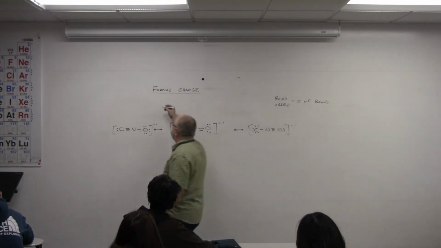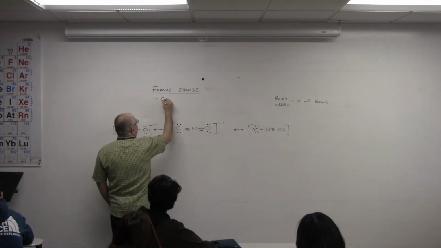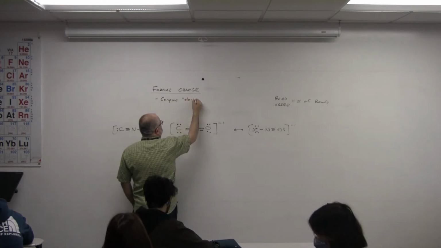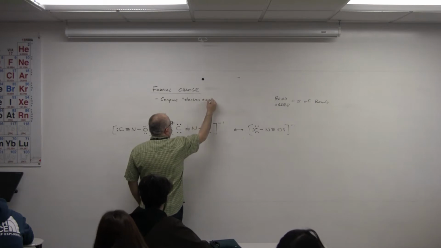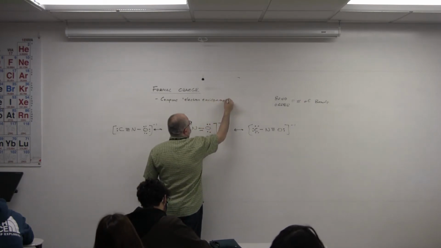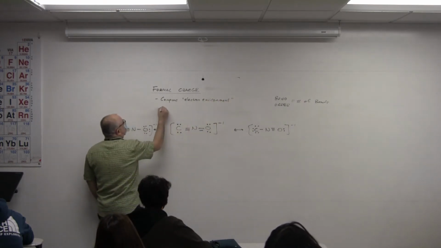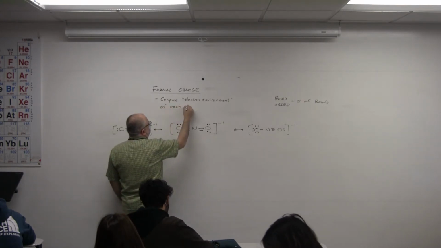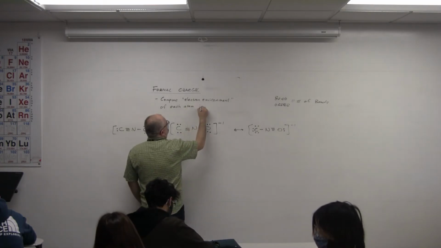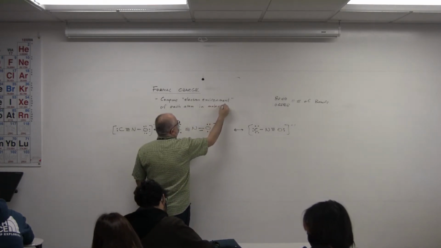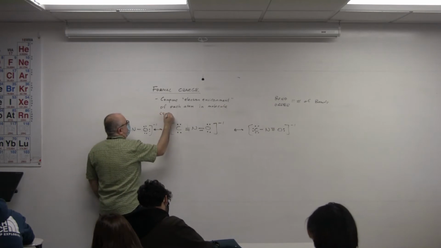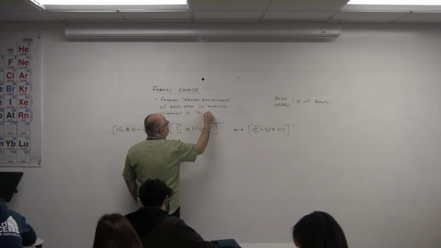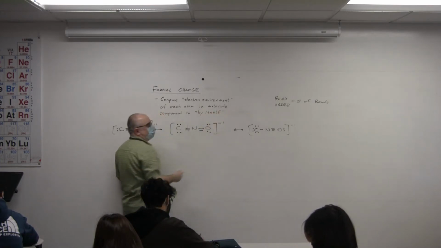So what we're really going to do here is compare the electron environment of each atom in the molecule compared to by itself. In other words, if we're not bonding to anything.